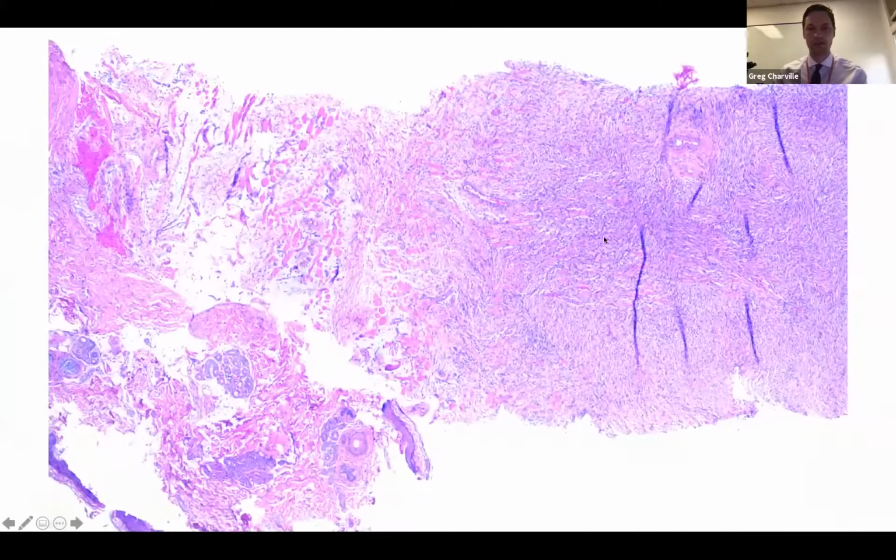At this low power, architecture is sort of ill-defined, and there's not really a prominent vasculature again at this low power. I do want to demonstrate to you sort of the interface with surrounding normal tissue. You kind of see a rim of atrophic skeletal muscle here, and we'll come back to that as it's relevant to understanding this mass.